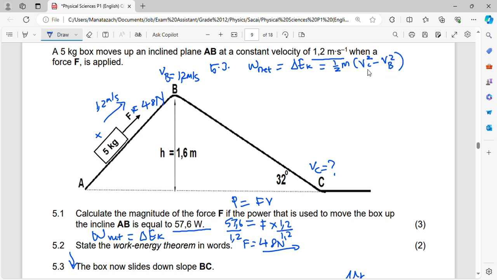So this is the velocity in question that you need to calculate. We already have the velocity at B. We have the mass of the object, which is 5 kg.